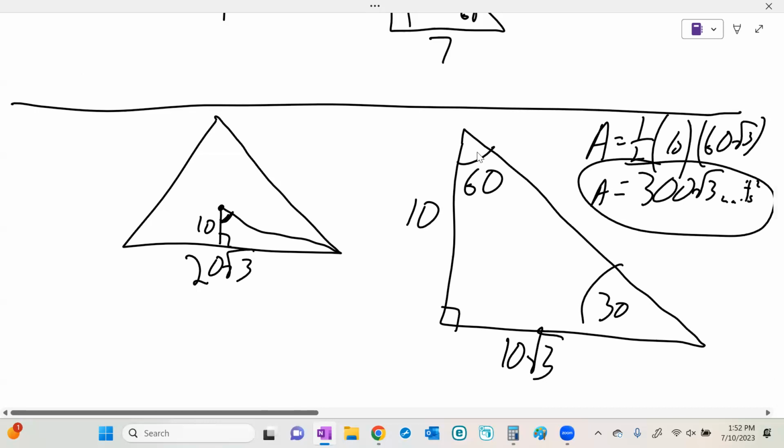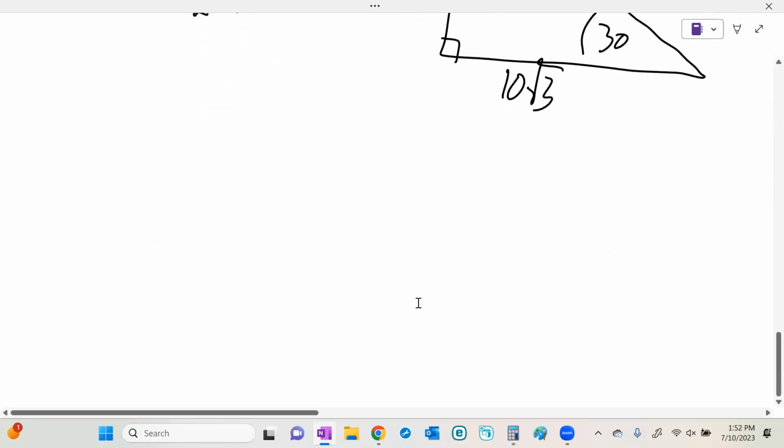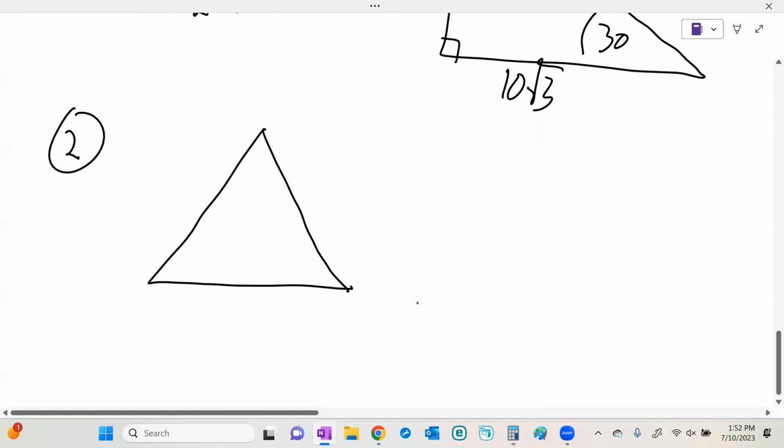And I've got another shortcut here with some of these triangles. Let's try another one with a triangle. This is with an equilateral triangle, and they give us one of the sides. So let's say that this side here is 10.